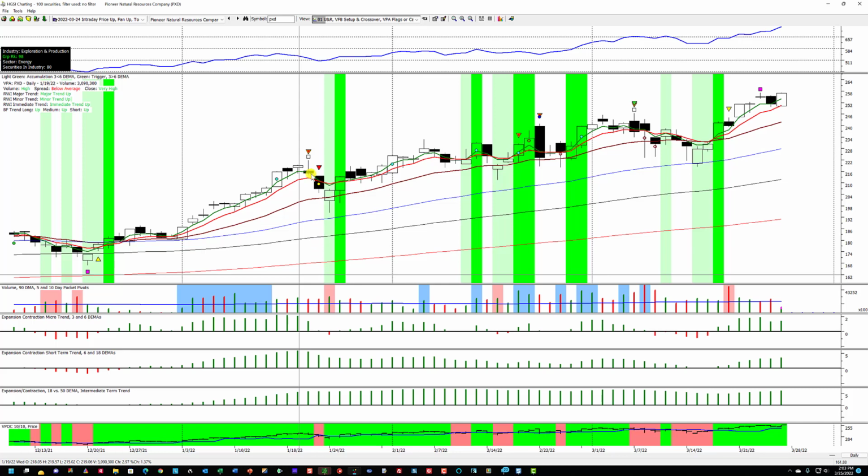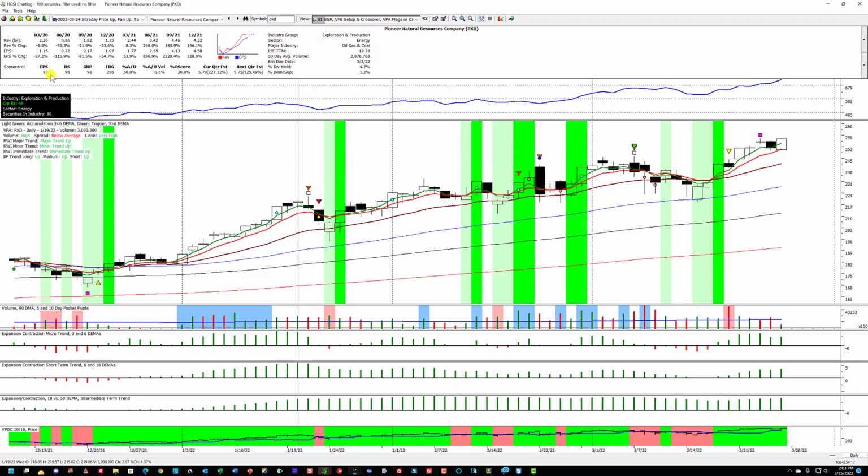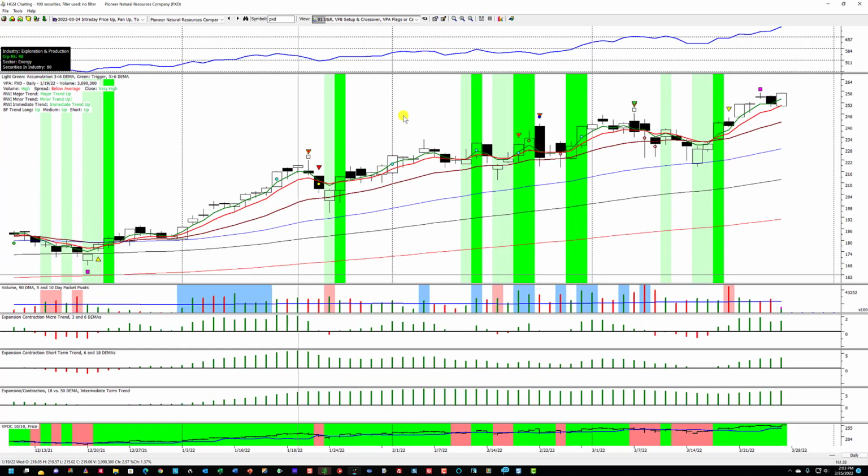It isn't down more than 7% from its 52-week high, and it's a high relative strength stock. You can see an RS96 now. I don't know what it was then, but it had to be above 90 or it wouldn't be included in the group. So looking at this, you can see it pulled back.